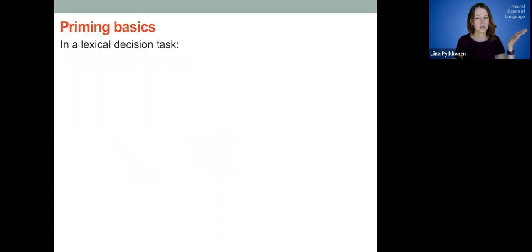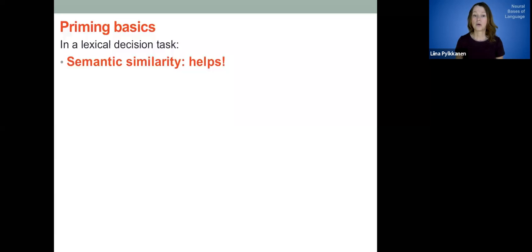So let's refresh what we learned earlier about priming. In a lexical decision task, which is the most commonly used experimental task when we're studying lexical access, the retrieval process of finding word representations in our brain, we know that semantic similarity helps. That is, it makes you faster.